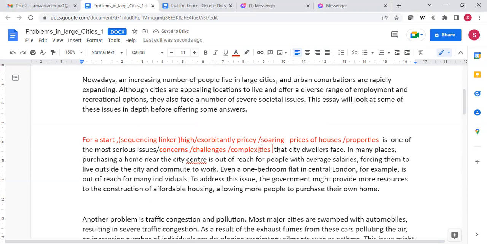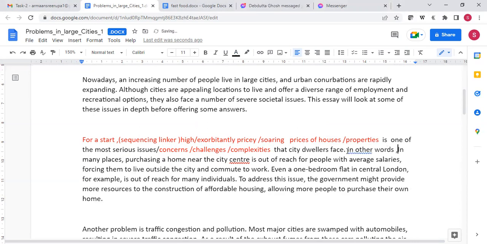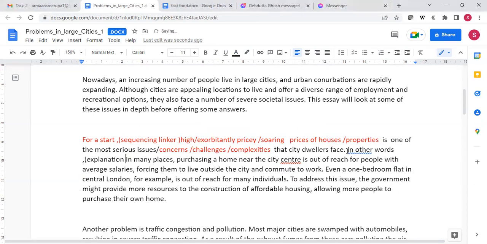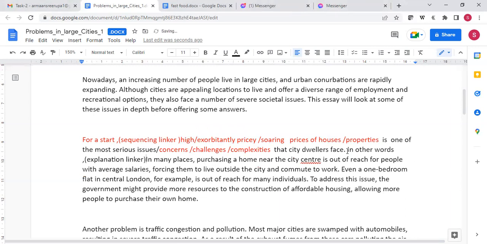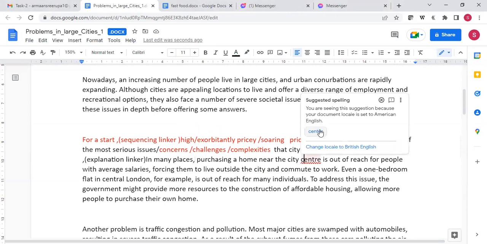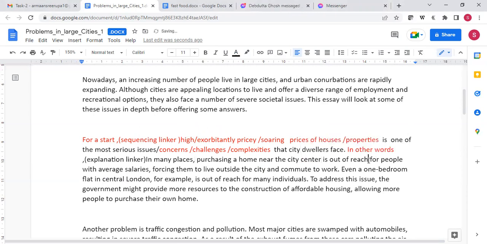Okay. Now you are basically explaining on this, right? In many places, purchasing. So again, in other words, use the explanation linkers. At least once you should use an explanation linker to show that you are explaining. Otherwise, how would the examiner understand? Or someone would just question that this sentence could have been clubbed with the first sentence, right? Why has she even separated both of them? Okay, in many places, purchasing a home near the city center is out of reach or beyond reach.